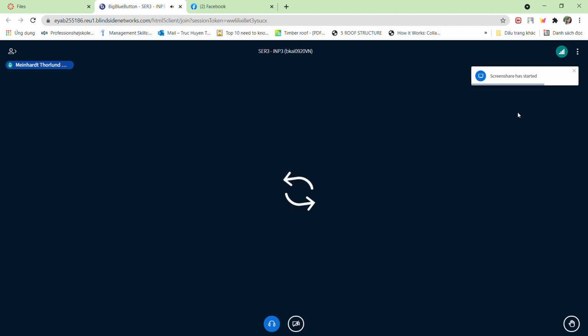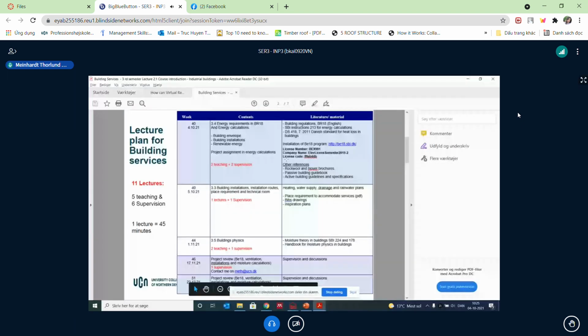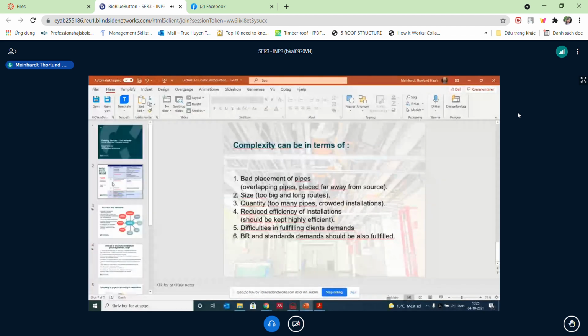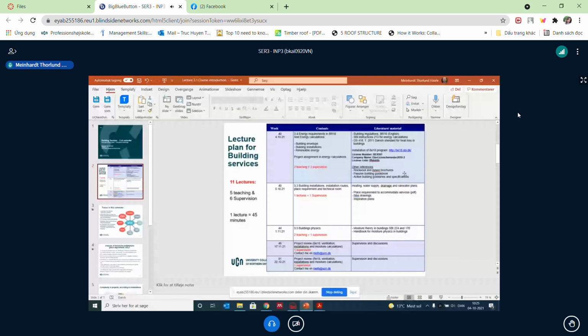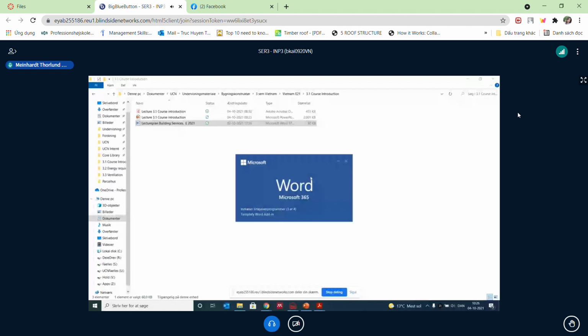By opening the presentation I showed you earlier, you can see this is where you can get the program installation of BE18. Why can't I open this? Okay, I'll open this file and then I can access the link.